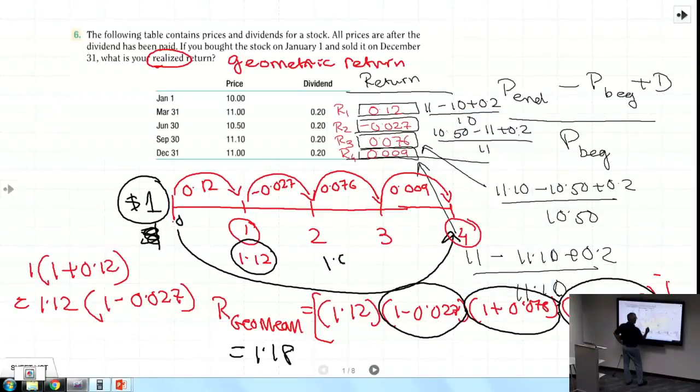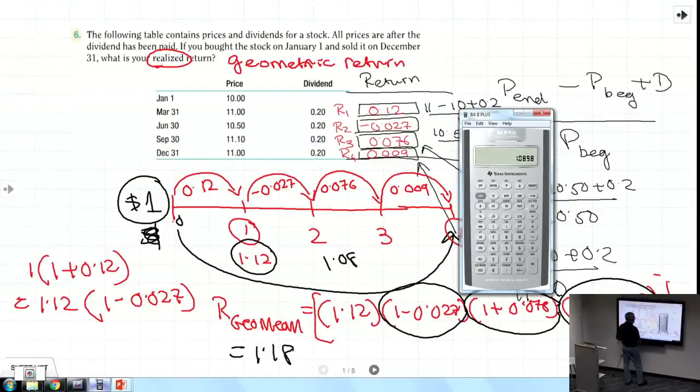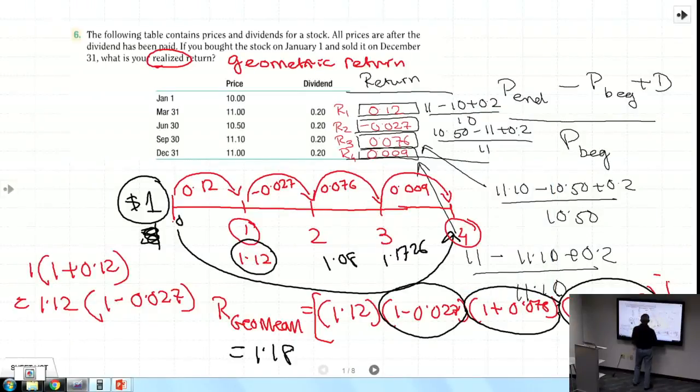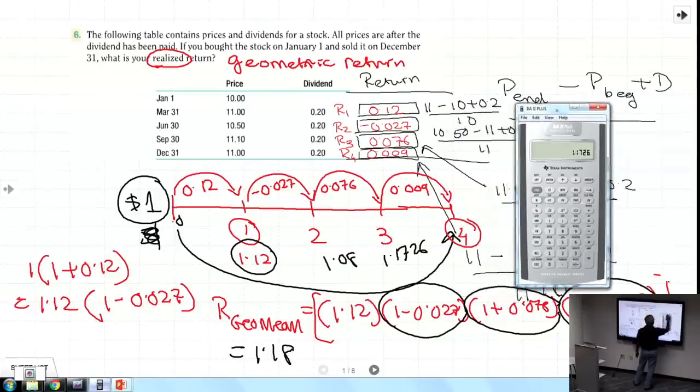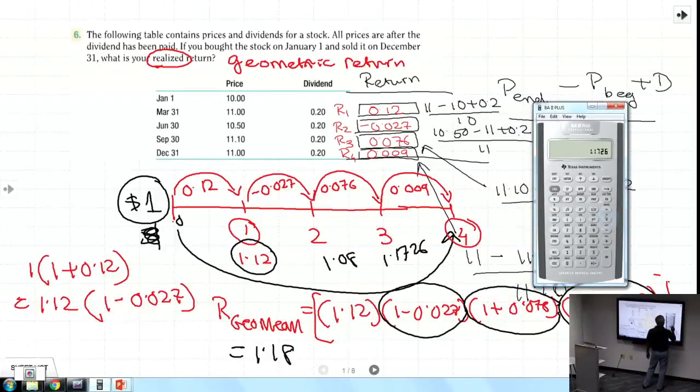So at the end of period 1, I have 1.08. Now I'm going to grow, I'm going to multiply that by 1.076. So that's 1.1726. So at the end of period 3, I have 1.1726. And then that one I'm going to grow, multiply that by 1.009.